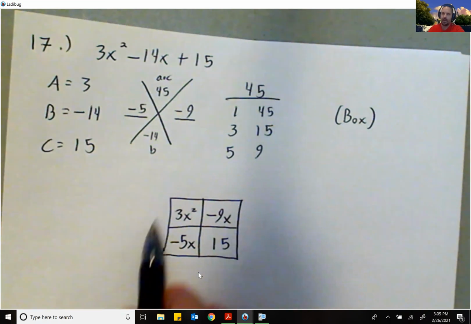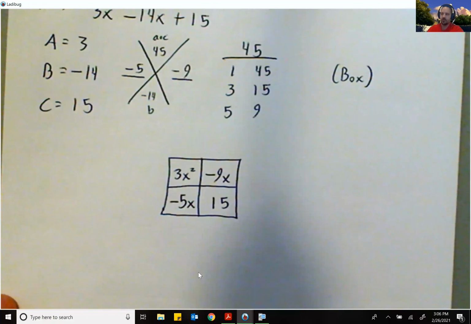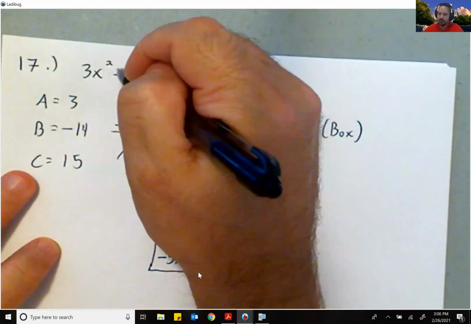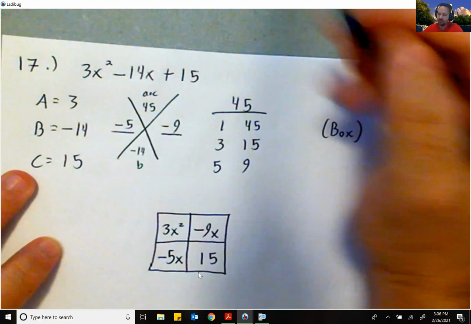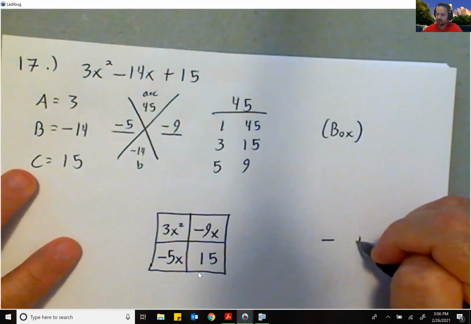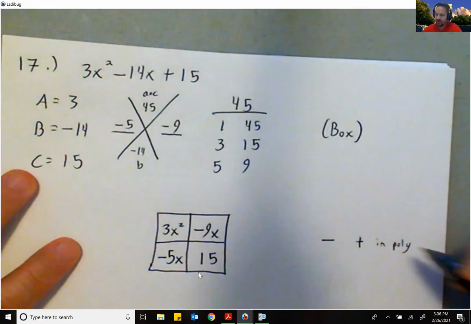All you're going to do now is pull out GCFs. But this is the one catch with the box method. You have to be careful on this problem right here. When you have a minus followed by a plus in the polynomial, be careful.